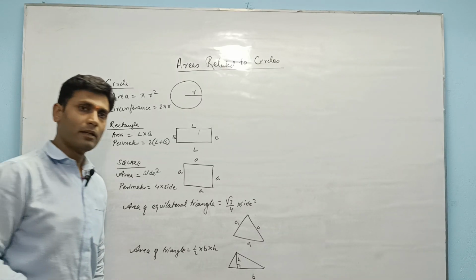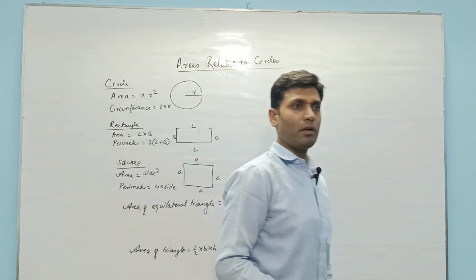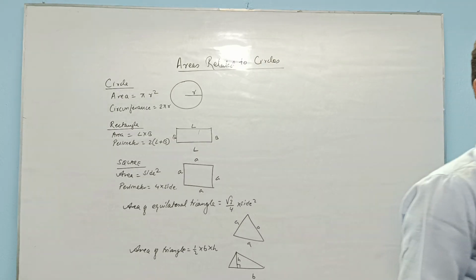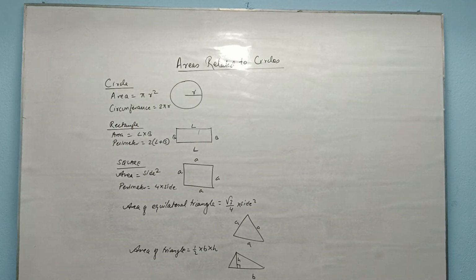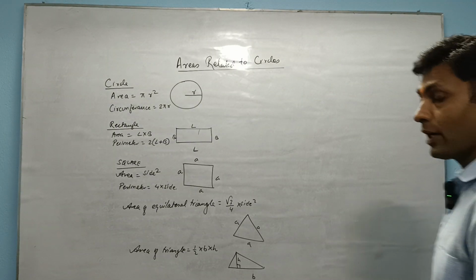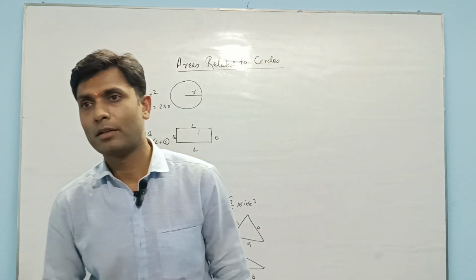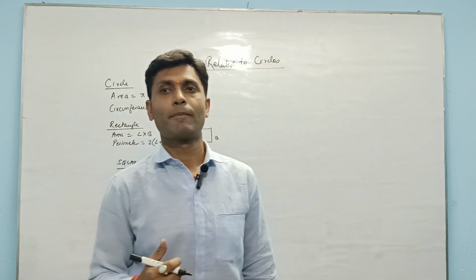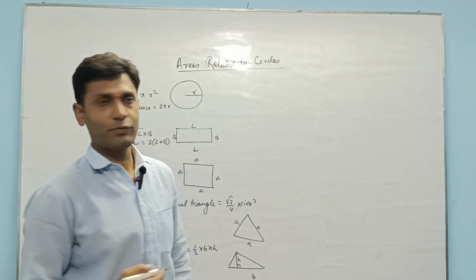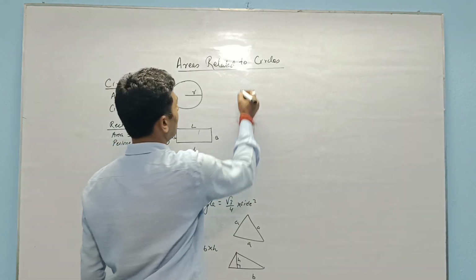There is one more formula to calculate the area of triangle. Which formula? Heron's formula, which we have already done in the previous chapter.